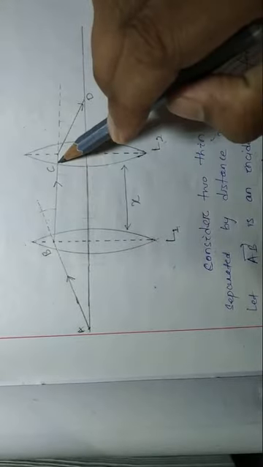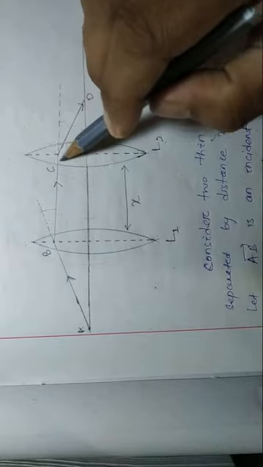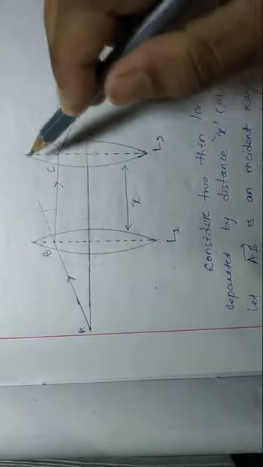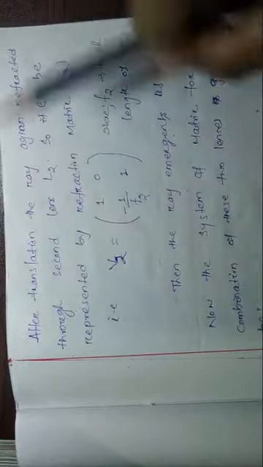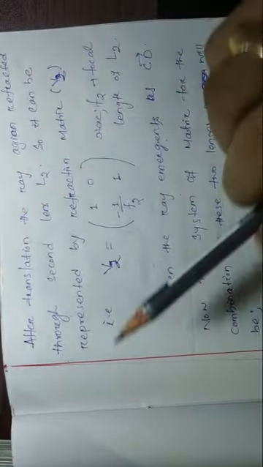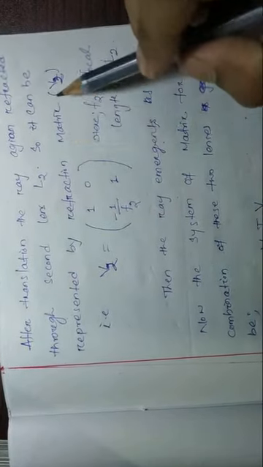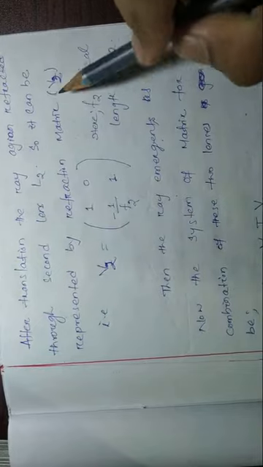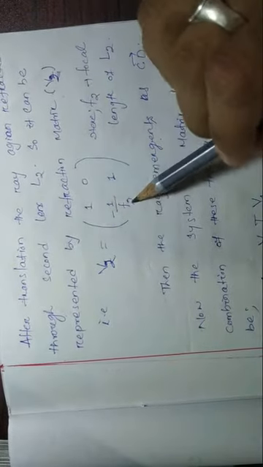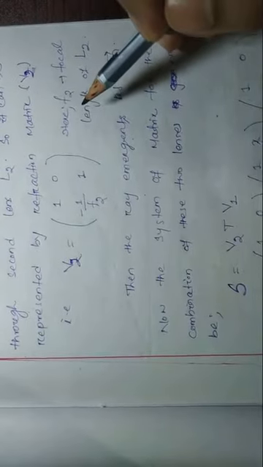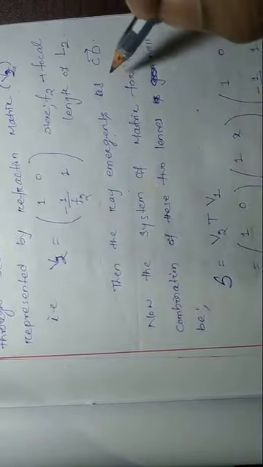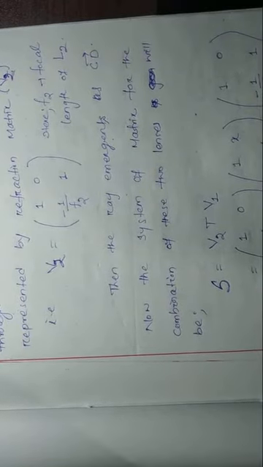Then after translation, it is again refracted through the second lens L2 and moves along CD. This can be represented by the refraction matrix V2, which will be 1 0 minus 1 by F2 1. Here F2 is the focal length of lens 2. Then the ray emerges along CD.